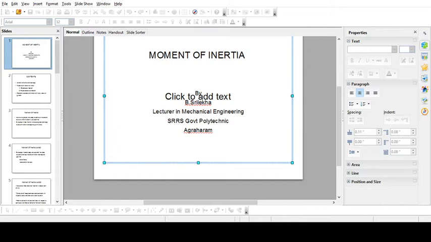It is the distance which, when squared and multiplied by a given area, gives the moment of inertia, the moment of area. Next, let us find this for a few standard sections.